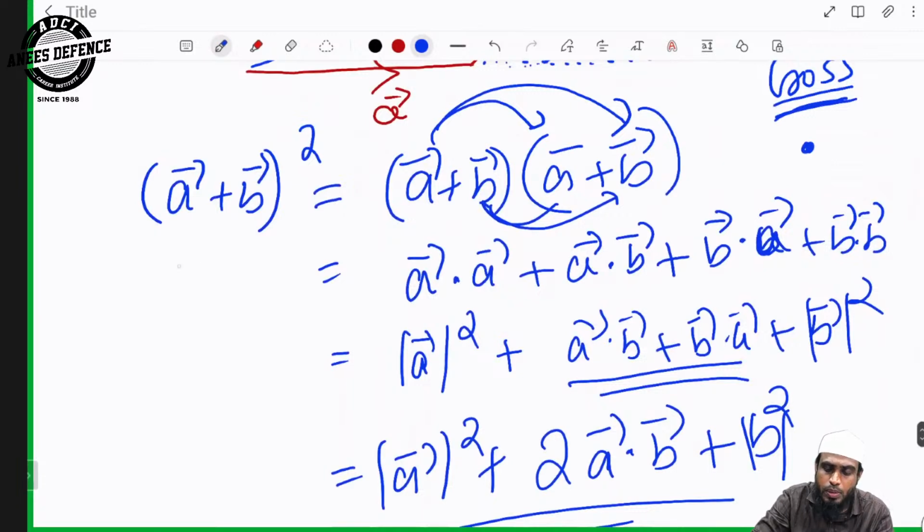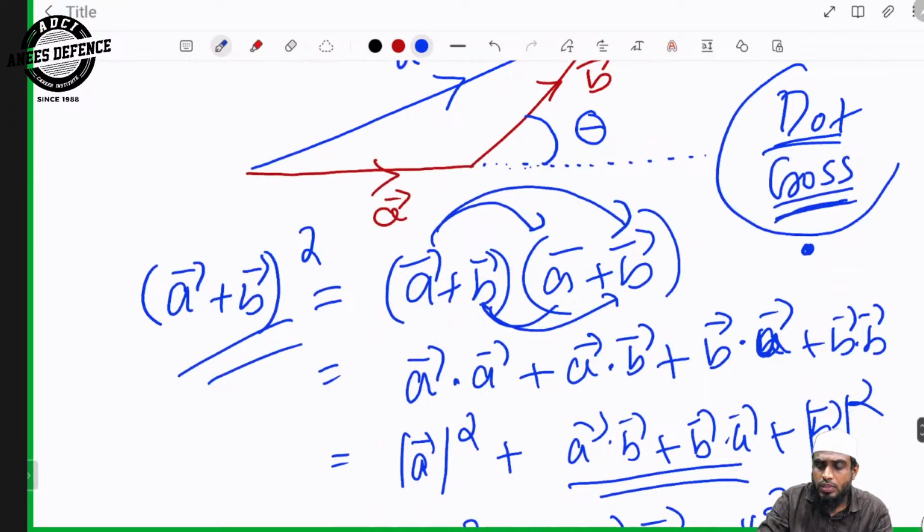A plus B the whole square means A plus B into A plus B. But we have to consider two types of product. In normal algebra, we are multiplying 2 into 3, we write 6. But in vectors, such a type of multiplication is not there. We have to follow dot product and cross product.